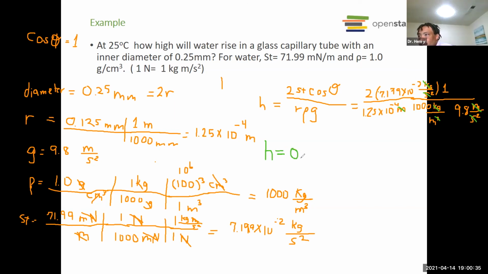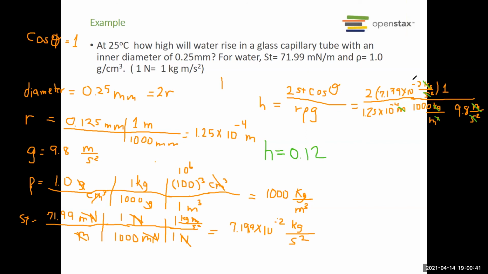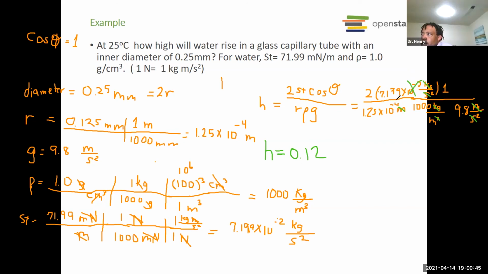So you should have gotten something like this. If you look at it, this is 10 to the minus 2, so that can cancel out with that. That'll be 10 to the negative 2, but you have 1,000 here, so that's going to make it a small number because that's 10 to the 3 down here.